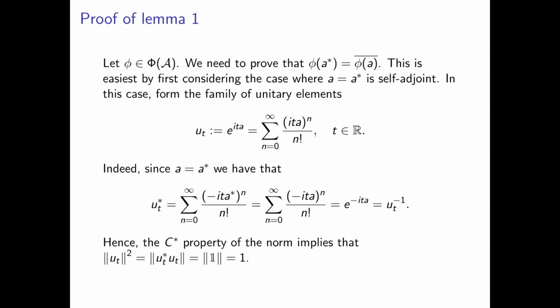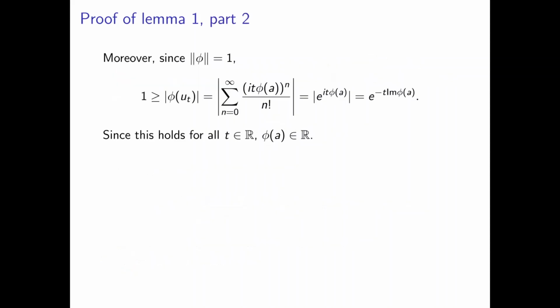But now, since the norm of this element is equal to 1, we start using the properties of phi as a character. So phi, being a character, means that it's a contractive norm, or it's a contraction. So it has norm equal to 1 here. And that means that the norm of phi of u_t must be less than or equal to 1.